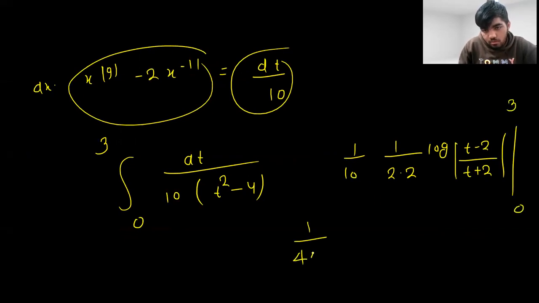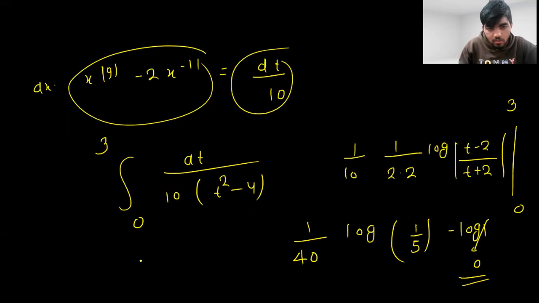So this will become 1 by 40 log of 1 by 5, minus log of 1, which will become 0. So the final value of this integral is 1 by 40 log of 1 by 5.